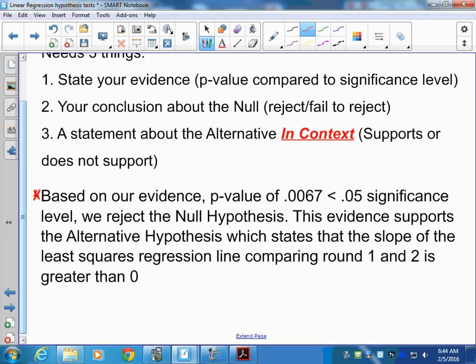P-value of 0.0068, less than our 0.05 significance level. We reject the null hypothesis. This evidence supports the alternative hypothesis, which states that the slope of the least squares regression line comparing round 1 and round 2 golf scores is greater than 0.